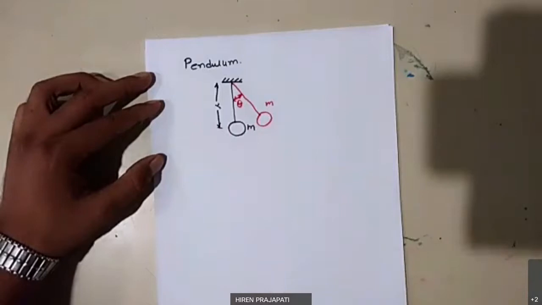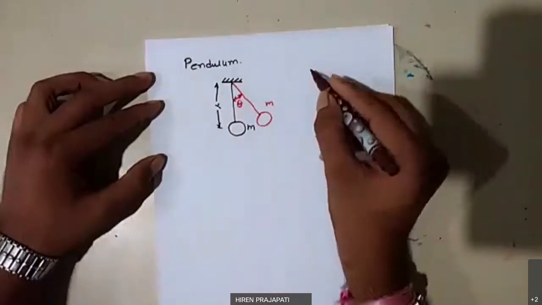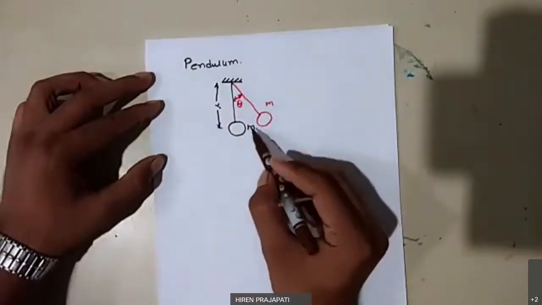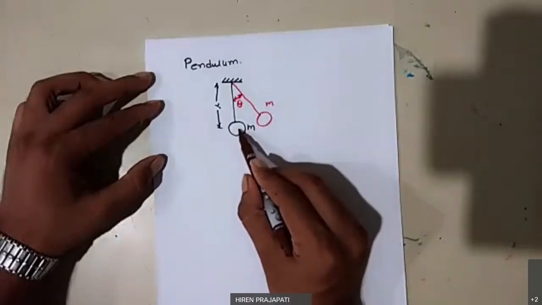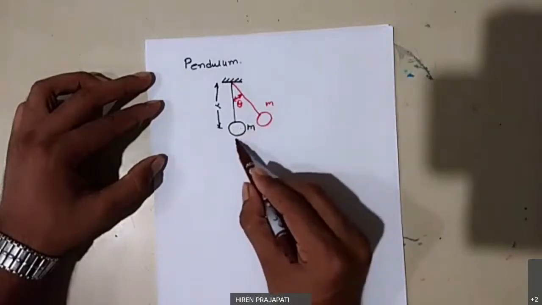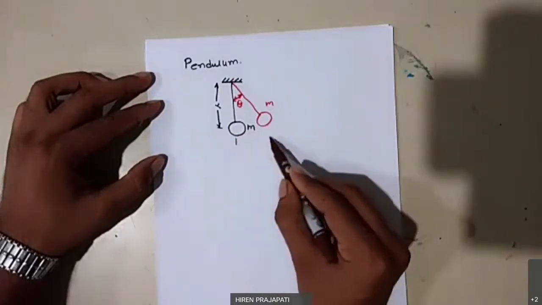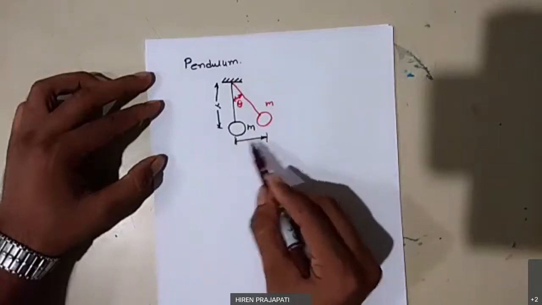So first of all, if you see, I can use here 2 coordinates. For example, suppose this mass is moved by distance coordinate x.